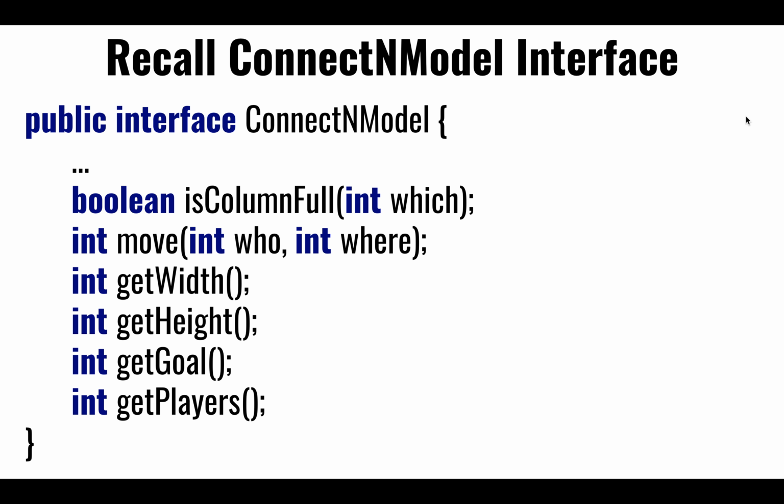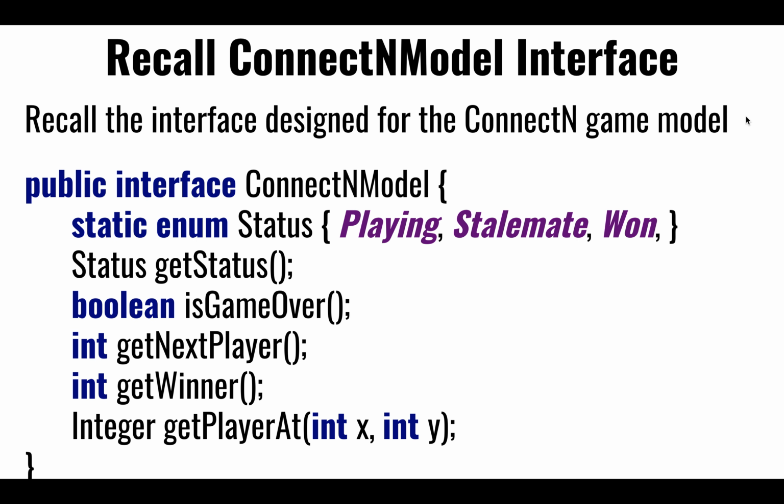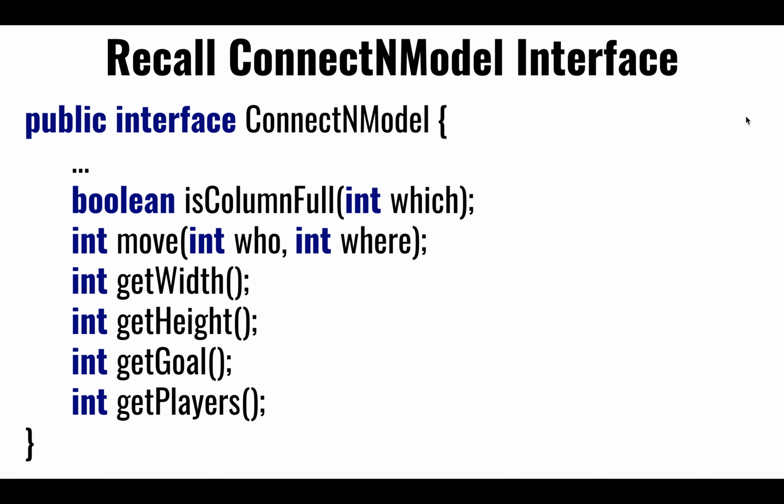This was part of the interface. There were also methods that allow us to mutate the state, to move a particular token from one location to another, and also who was doing the movement.